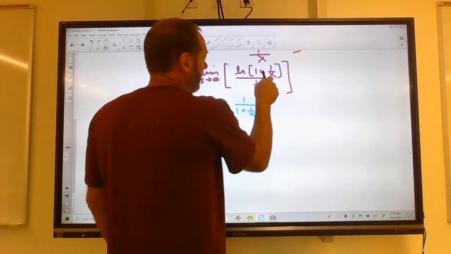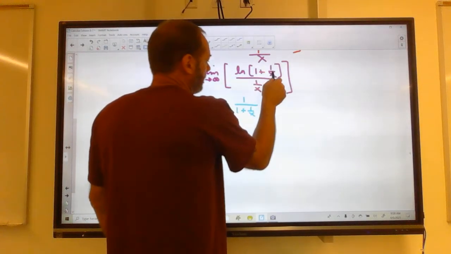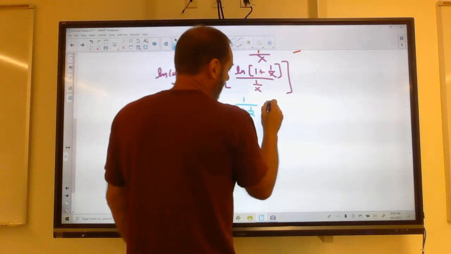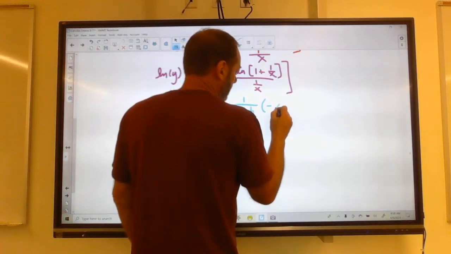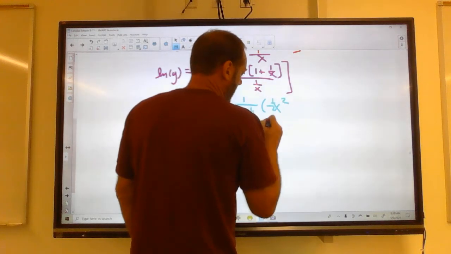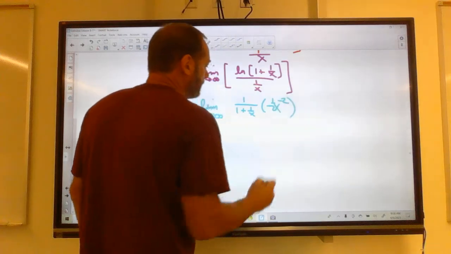The derivative of 1 is 0. The derivative of x to the negative 1, which is what that is going to be, is negative 1 over x squared.